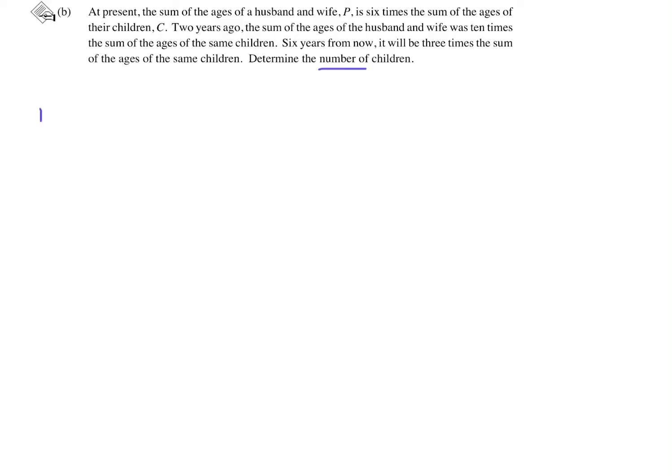So we have got 2 scenarios, or 3 scenarios. The first one is in the present. We have the ages of the husband and wife is 6 times the sum of the ages of the children. Now we don't know how many children there are. That's what we have to figure out.